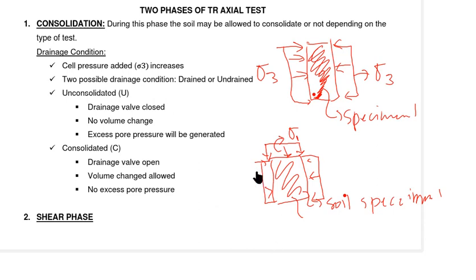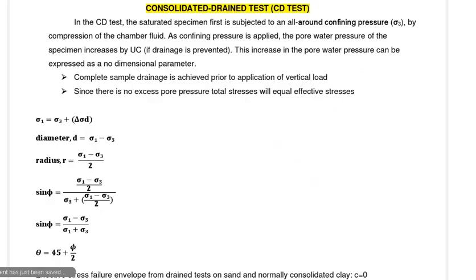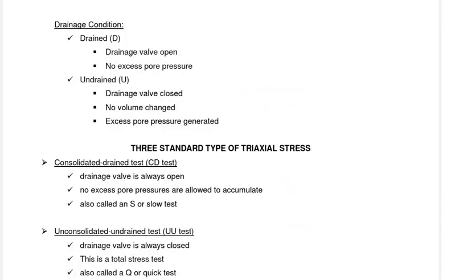During phase 2, the shear phase, again, the drainage valve may be either open or closed. So our valve can be open or closed, the same as in our consolidation.